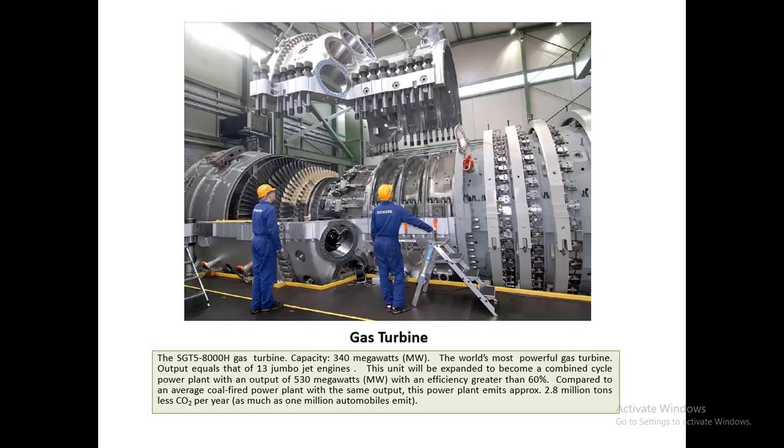We are not moving towards combined cycle power plants, because it is the latest technology with the same output. This power plant emits approximately 2.8 million tons less carbon dioxide per year. That means it is the best solution because it produces less carbon emission in the environment, and we can say it is an environment friendly project.